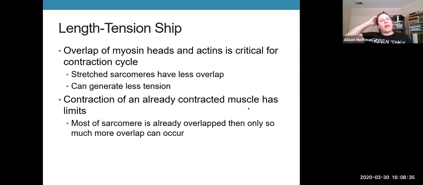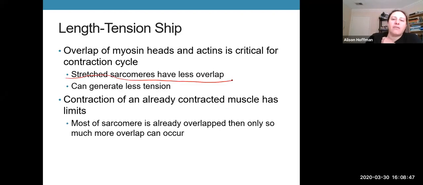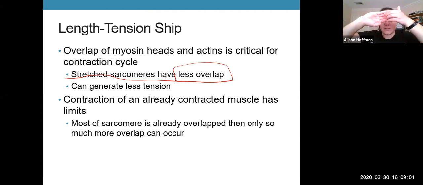So we know that we need our myosin heads and our actins to be overlapping. So we need our thick and thin filaments to overlap to have contraction. If sarcomeres are too stretched out, then not enough overlap occurs, and we can't generate enough tension. So you can think about, like, if you're trying to grasp somebody's hand and you just have their fingertips, you're not going to be able to really get a lot, versus if you have a decent amount of overlap between your fingers and theirs.